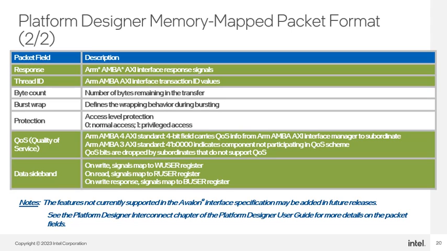The thread ID field supports the ability to perform different transactions on the same interface for multiple threads of data. The QoS and data sideband fields are unique to the ARM AMBA 4 AXI standard as well. Note that even though the Avalon specification does not currently make use of all of the features of the ARM AMBA AXI standard, support for some features may be added in future updates.